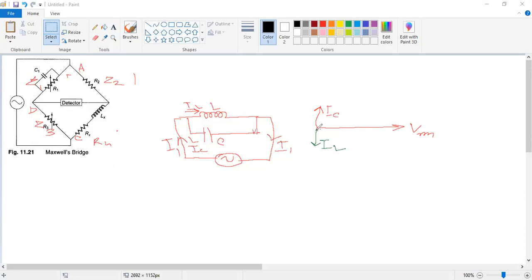But what happens sometimes? Actually, if it is a resonance condition, what happens? First of all, it tries to come in phase, because somewhere it is going to the upper side, somewhere to the lower side.